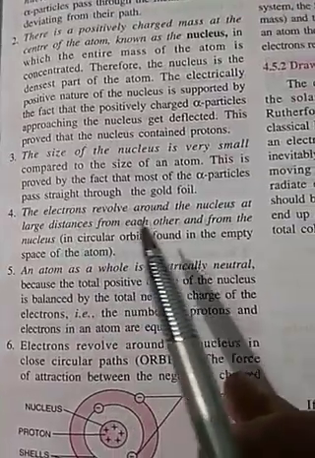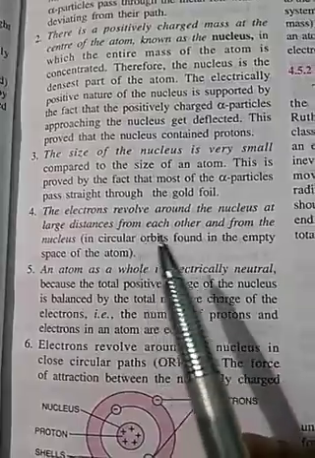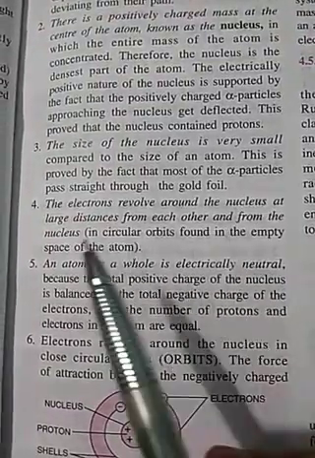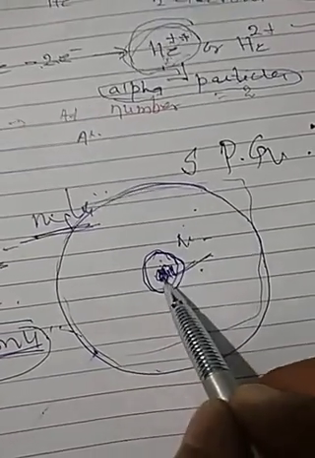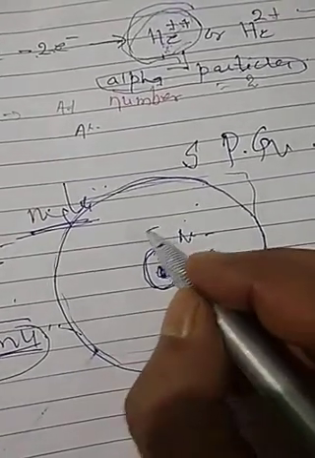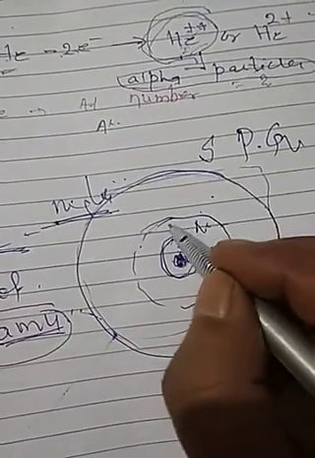Now electrons revolve around the nucleus at large distances from each other and from the nucleus, in empty space. Here is your nucleus and these are your orbits or shells.